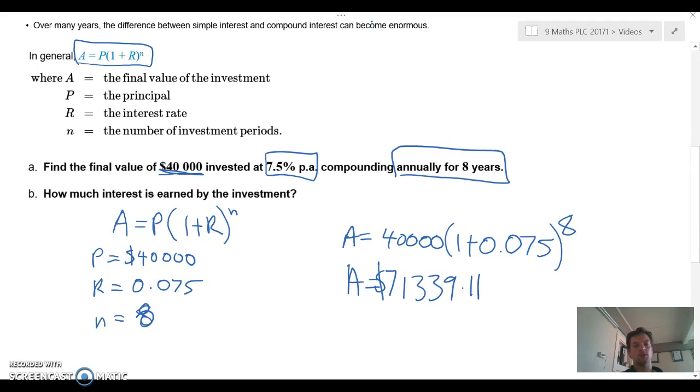So our total amount for investing $40,000 at 7.5% over 8 years is $71,000.